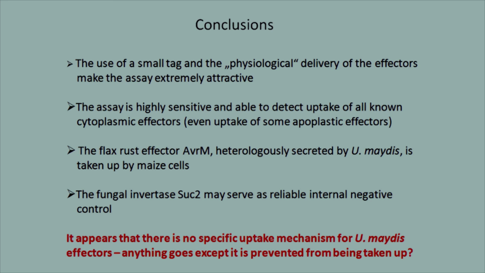However, we have also seen that some of the apoplastic effectors are taken up. And the flax rust effector AVRM, which is heterologously secreted in this case by Ustilago maydis, is also taken up. And I hope I have convinced you that this fungal invertase, rather than mCherry, may be a really good control to be included in this assay.